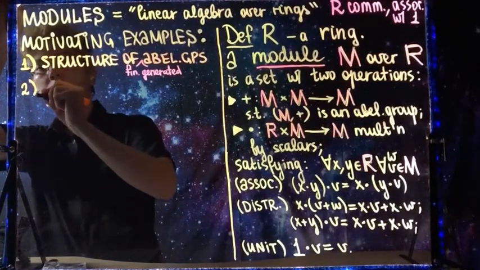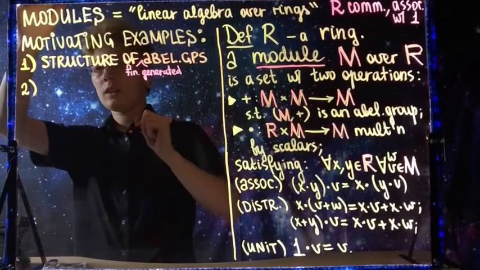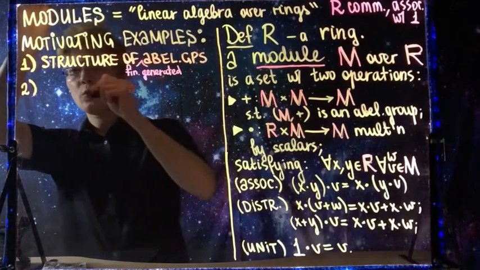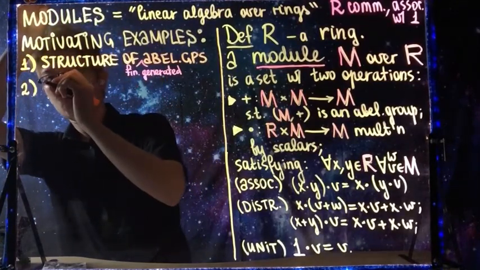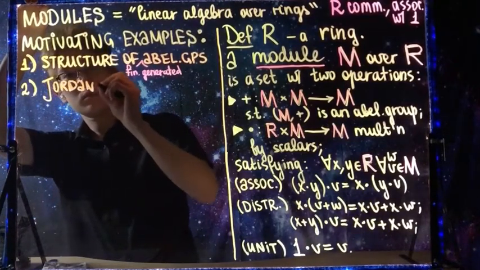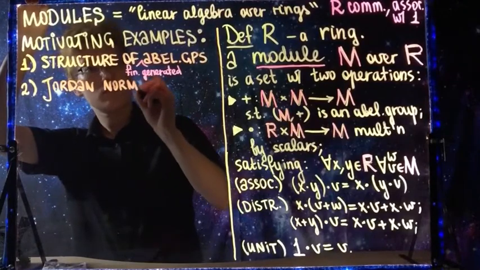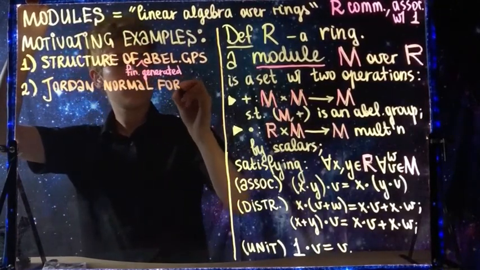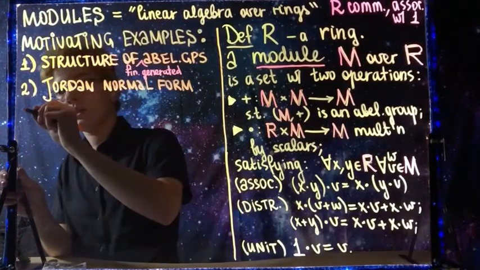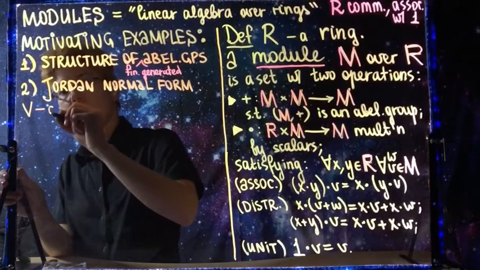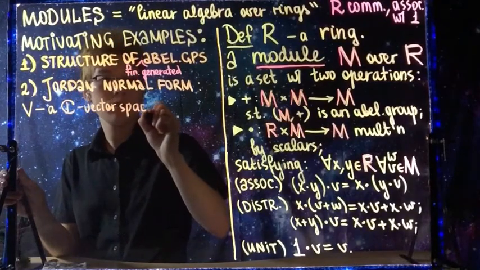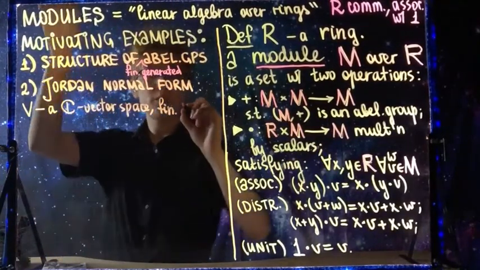Another example that is usually covered in Calculus 3 for ordinary differential equations or during linear algebra is Jordan normal form. So we take V, a C vector space, which is finite dimensional.